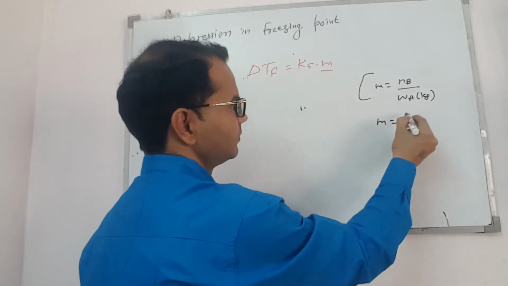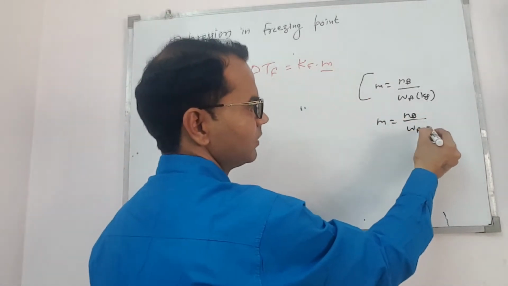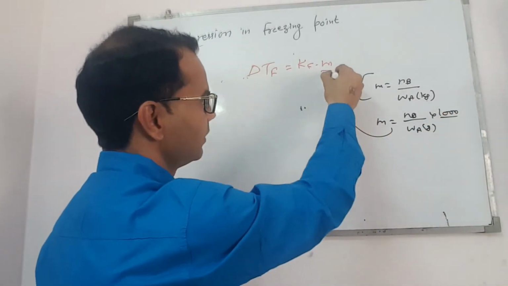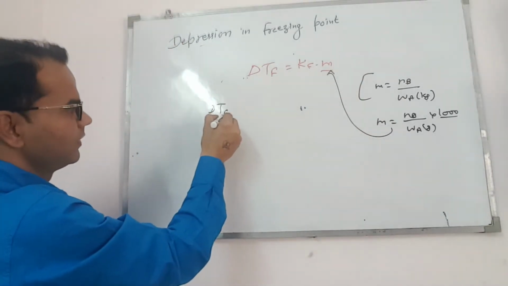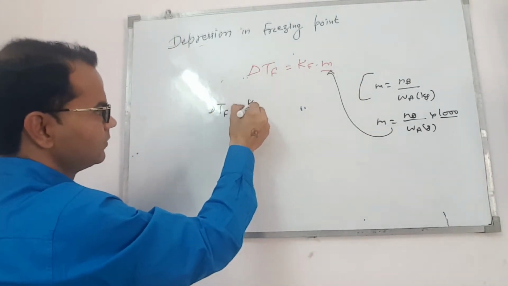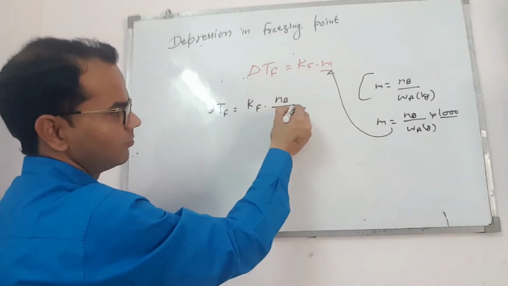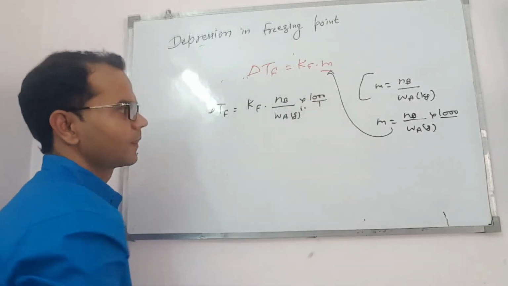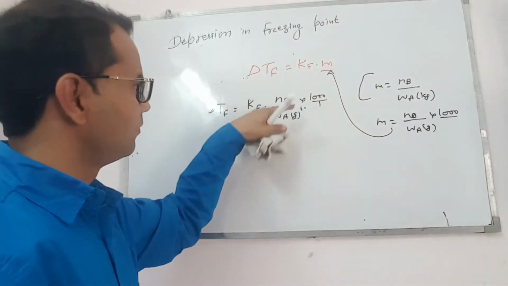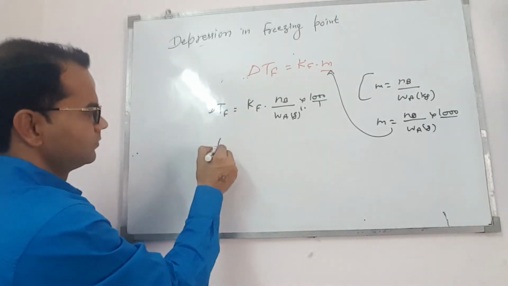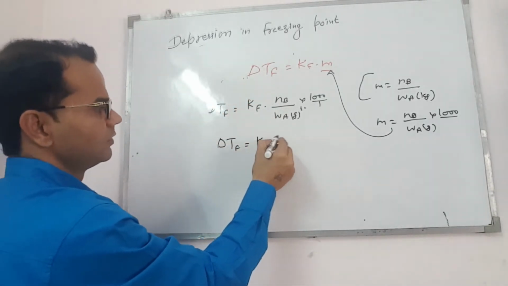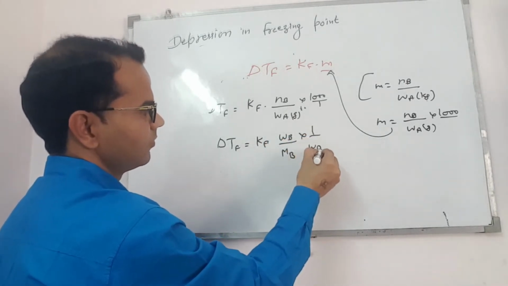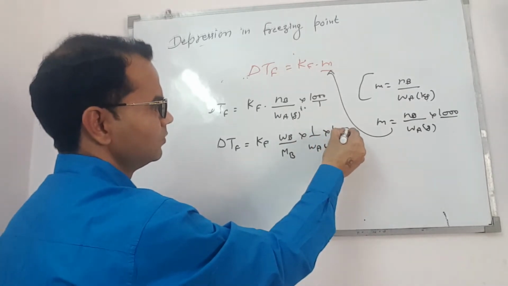So molality will be number of moles by WA in gram into 1000. This formula modifies to delta TF equals Kf into Nb by WA in gram into 1000. Nb is mass of solute by molecular mass of solute. Delta TF equals Kf into Wb by Mb into 1 by WA in gram into 1000.